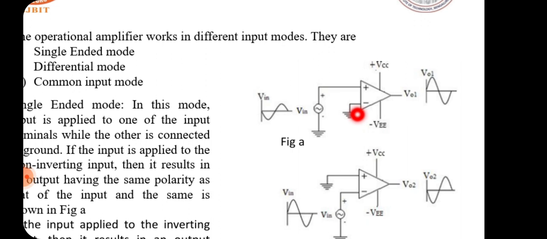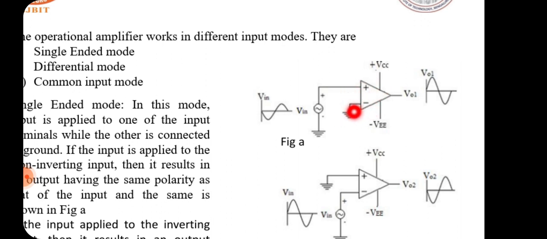In this mode, the signal voltage is applied to one of the inputs and the other input should be grounded. It could be given either to the non-inverting terminal or to the inverting terminal, but the input is provided to only one of the input terminals and the other input terminal should be grounded.